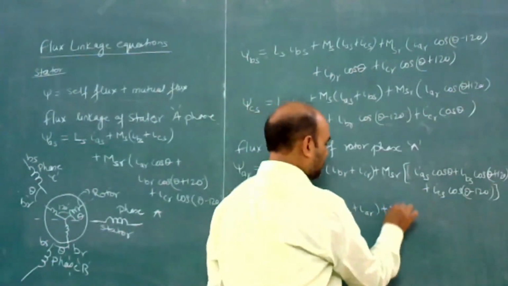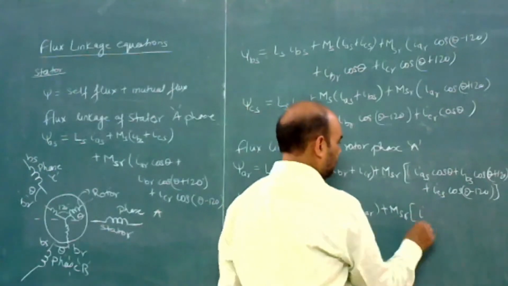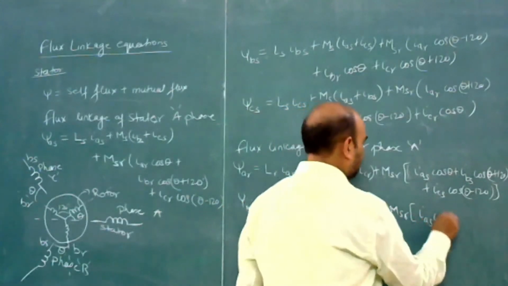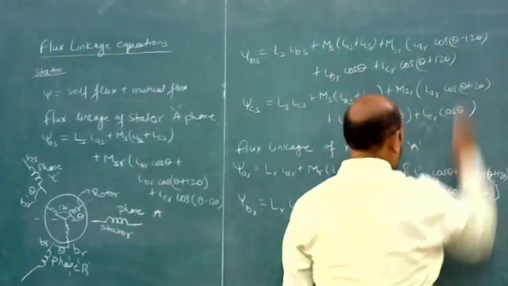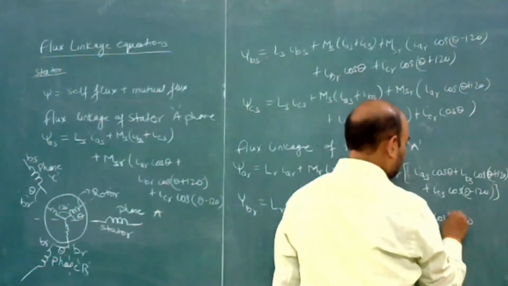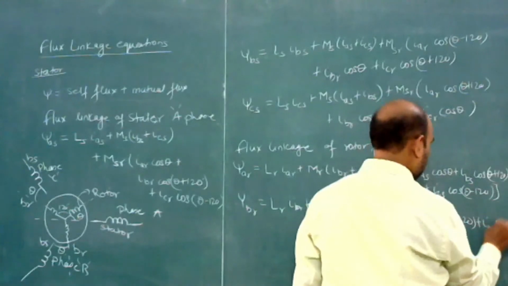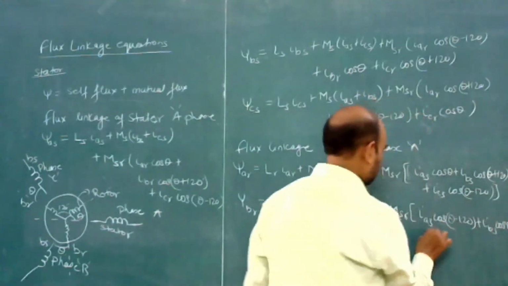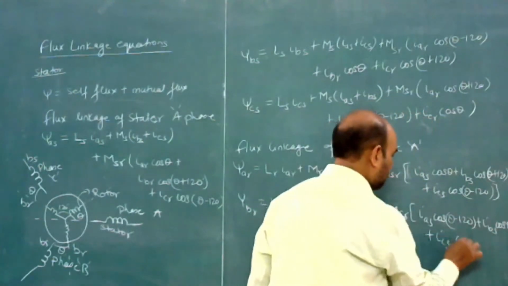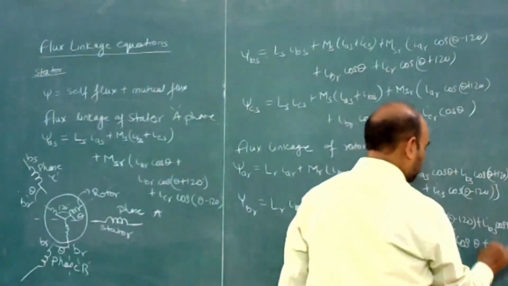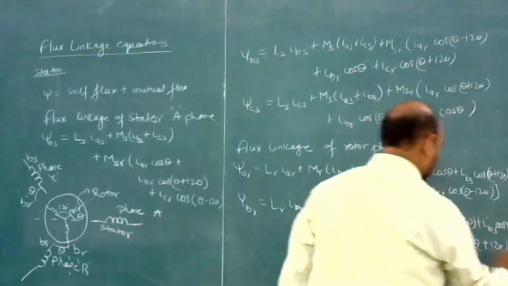Plus MSR times IAS cos theta minus 120 degrees, plus IBS cos theta, plus ICS cos theta plus 120 degrees.